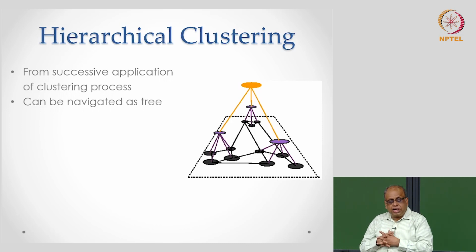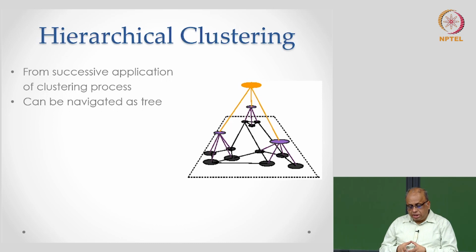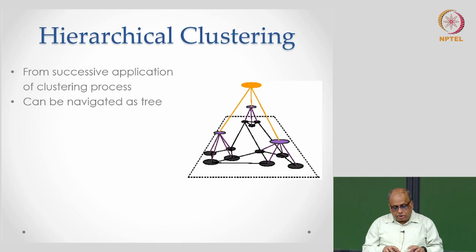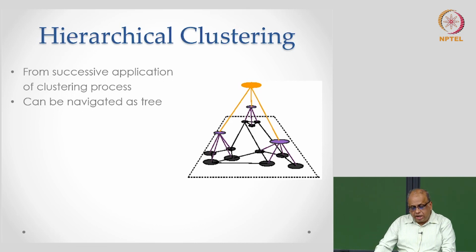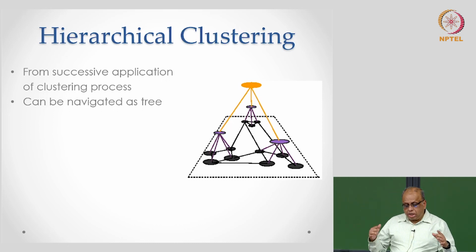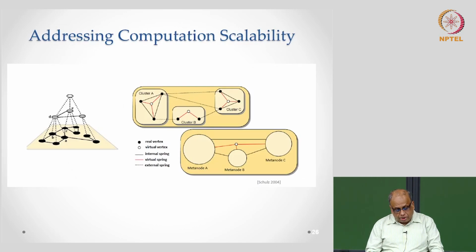We saw that during graph layout also, this kind of clustering can be done, so that you can lay the graph out at a very high level with 50 nodes, and then go and do layout for those individual clusters. So clustering is a very useful method if you have a very large graph. For example, from a 1,000 node graph, you can come down and form a 50 node graph.